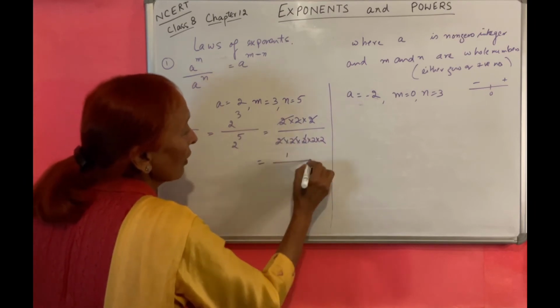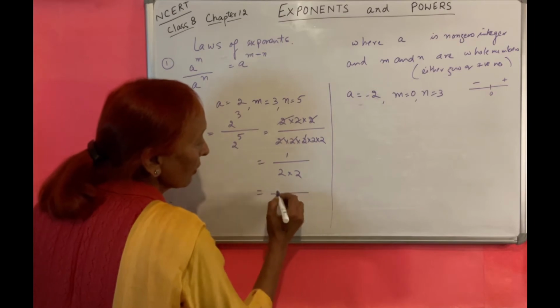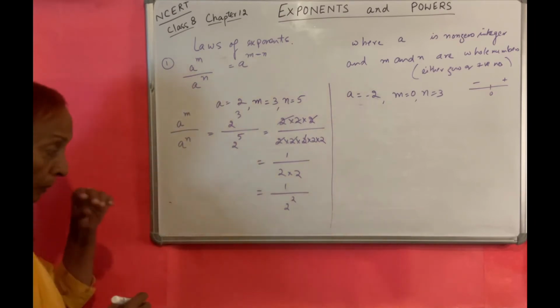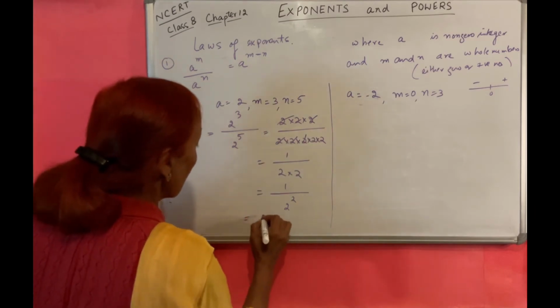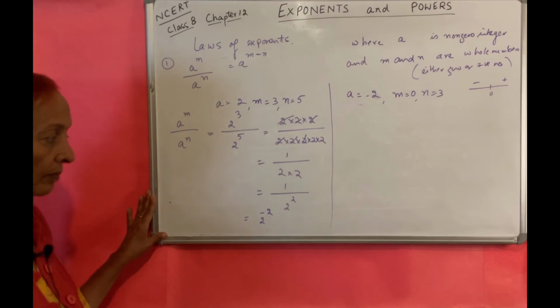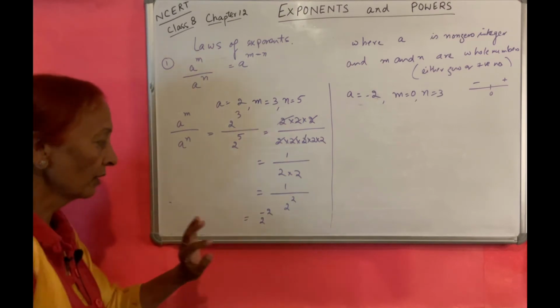So this is 1 upon 2 into 2. So this is 1 upon 2 raised to power 2. This is 2 raised to power minus 2. This I will explain in this video only later.